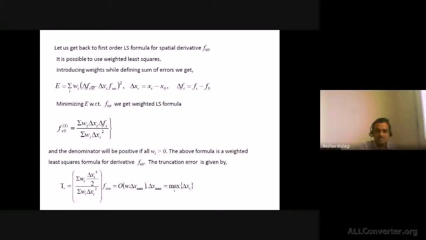So once we are defining this sum of squares of error, we can assign some weights to this, and these weights can be used in some way so that you get better approximation. I'll explain what that is, but here you should know that each error is given some weight. So if you derive from this formula of E, you will again get the same formula except that the wi's weights appear here, okay? And this is the truncation error which you will get. Here also weights are ignored, okay?